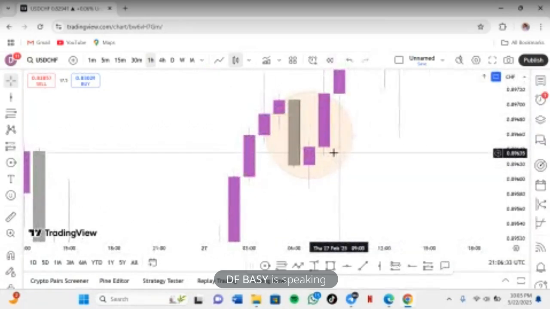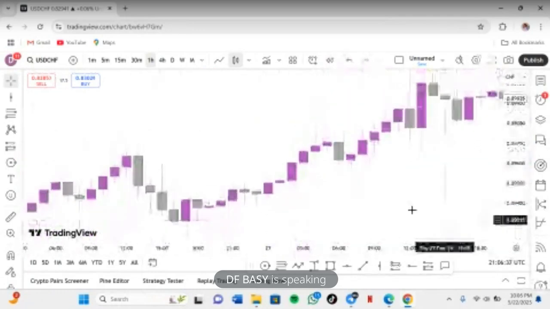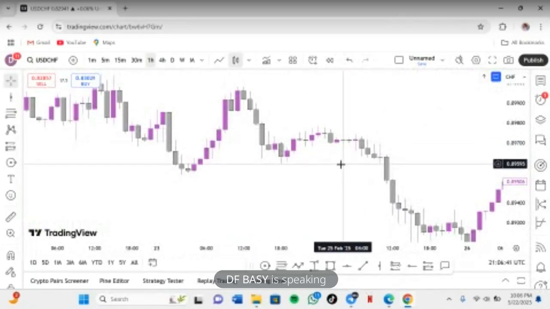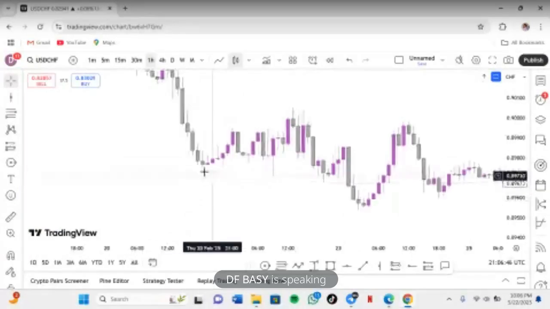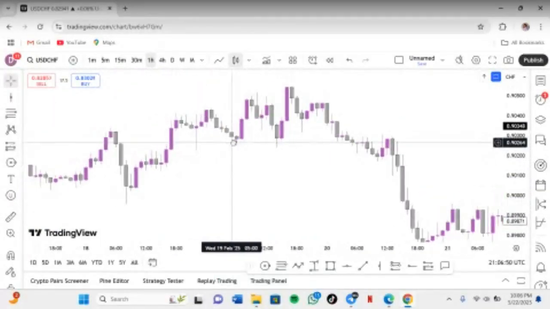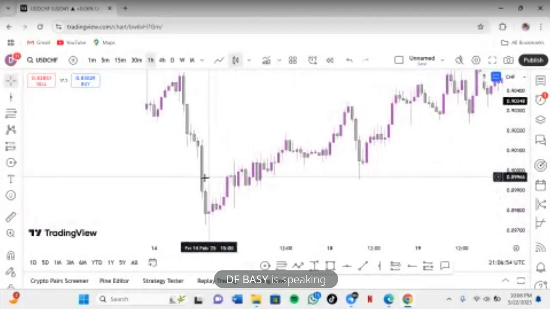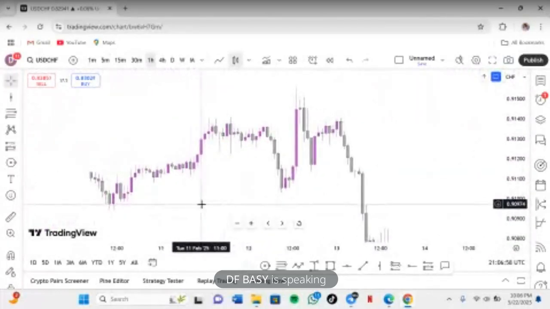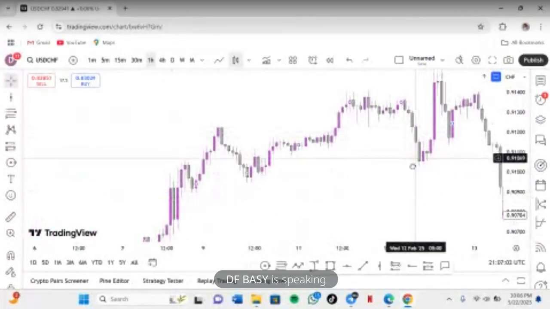Let me look for an accurate evening star for you. So that's cool. All right. No, this guy is not. I see bearish engulfing, right?